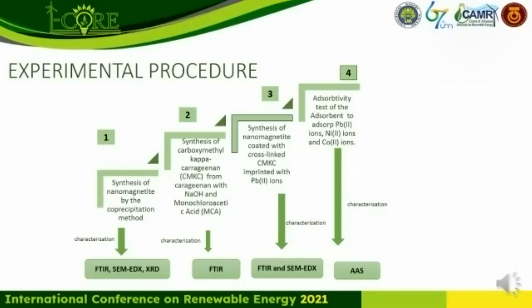Second step, synthesis of carboxymethyl kappa carrageenan from carrageenan with sodium hydroxide and monochloroacetic acid. Third step, synthesis of nanomagnetic coated with crosslinked carboxymethyl kappa carrageenan imprinted with lead 2 ion. Fourth step, adsorptivity test of the adsorbent to adsorb lead 2, nickel 2, and cobalt 2 ion.